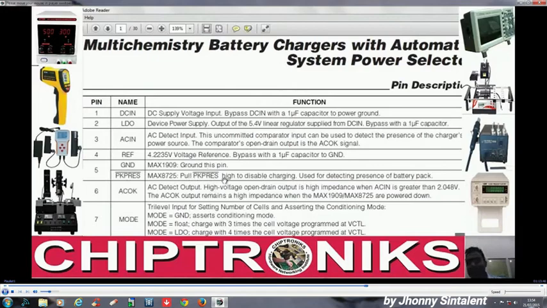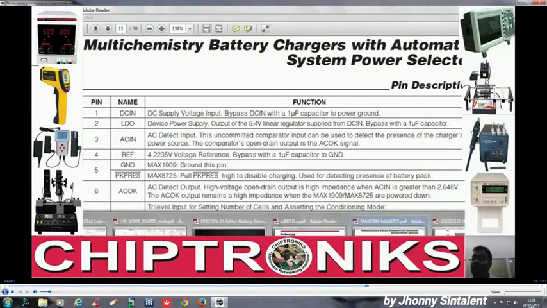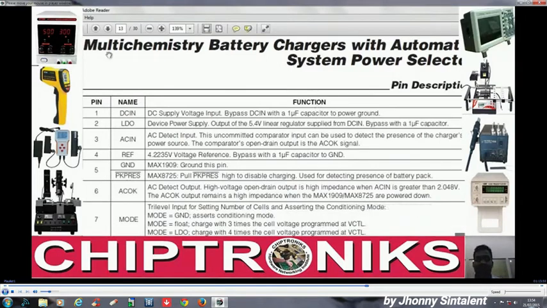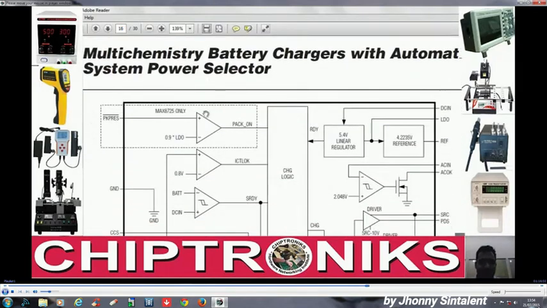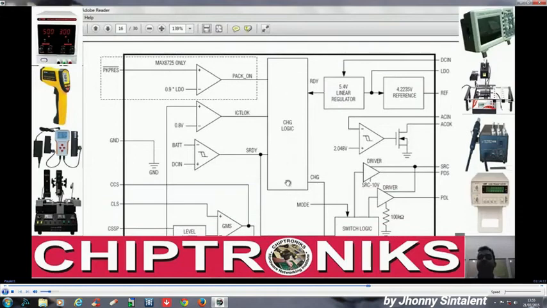So it's written pull PK press high to disable charging, and this PK press signal is coming from, of course, the battery. We'll see over here, pin 16, PK press. Yes, this PK press is going to the charge logic. So if we put it high, then this charger will disable charging, because this is the charge logic.